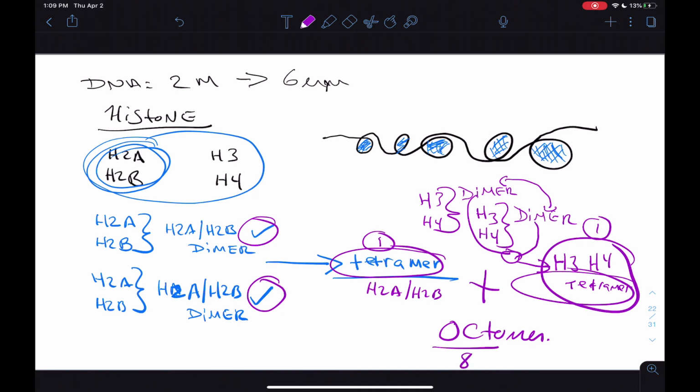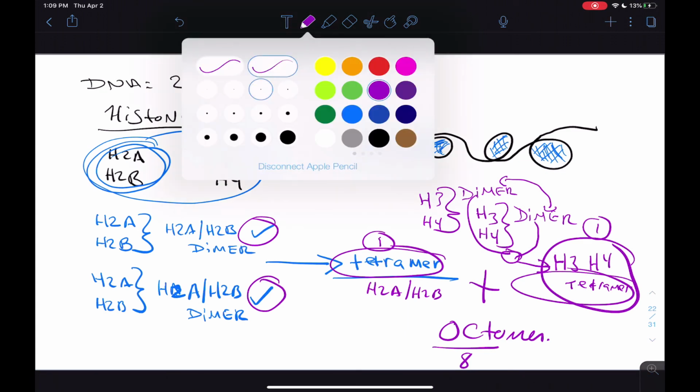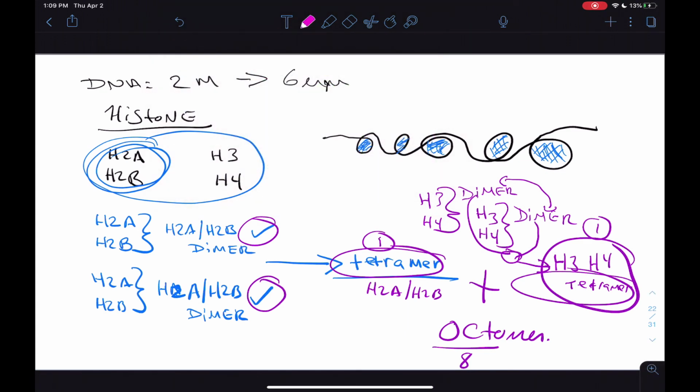So again, if you count it up, 1, 2, 3, 4, 5, 6, 7, 8 histones in total. The sum of these 8, now combined and working together, form this octamer. This is where we end up getting this histone octamer that forms.